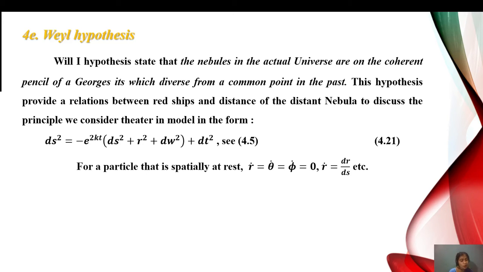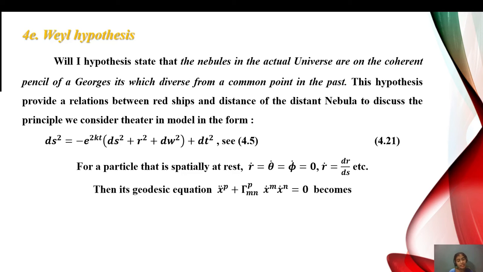Then for a particle that is at rest, rest means it does not move in any form, so r dot, theta dot, phi dot equals 0 because it is in a rest position. You know that r dot is dr upon ds.